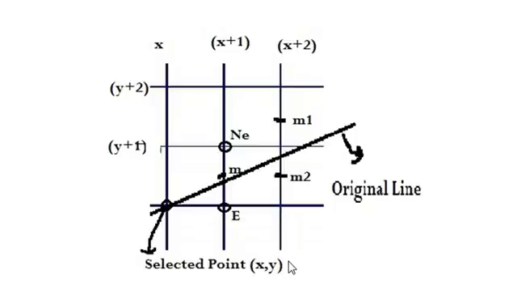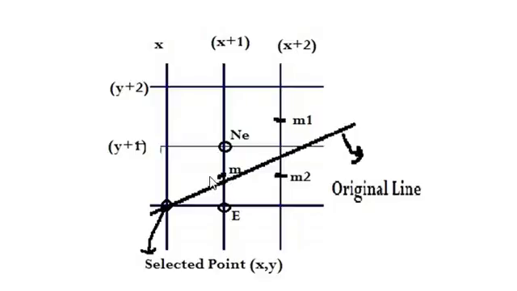If it is x comma y, this pixel is x plus 1 comma y, and this is x plus 2, means if we move to the right side, each time we increment x by 1. If we move upward, each time we increment y by 1. If slope is less than 1, the line comes in between the E and northeast pixels.